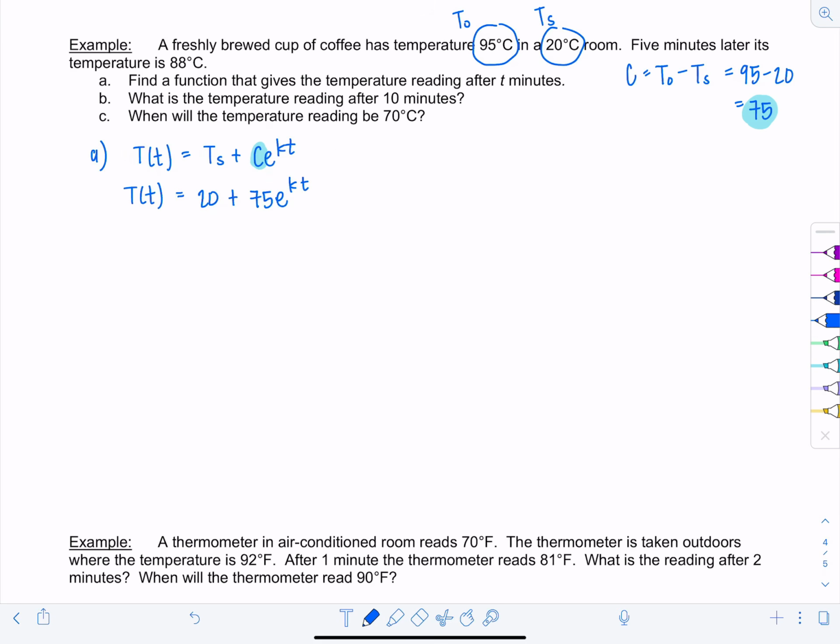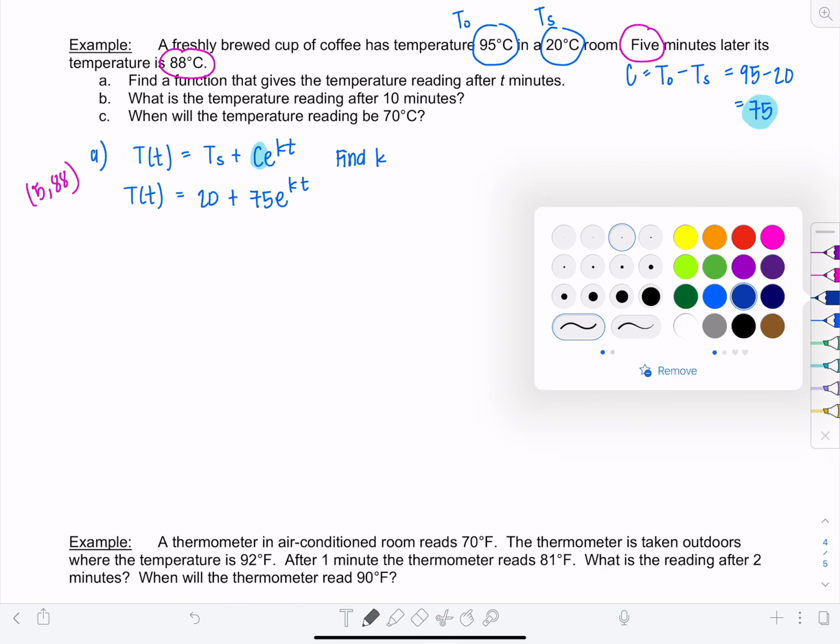So what do I need to do? I need to find k, just like before. Well, let's see, they gave me some info, didn't they? They said 5 minutes later, the temperature is 88 degrees Celsius. So that means I can plug in 5 for little t, and 88 for capital T.